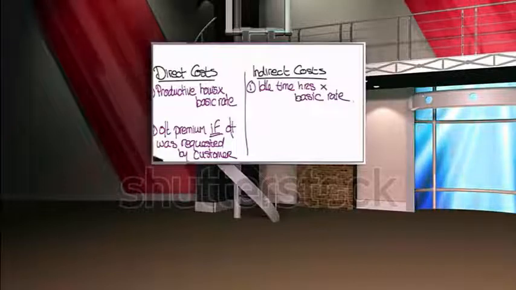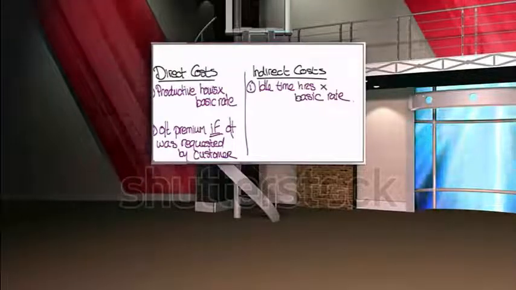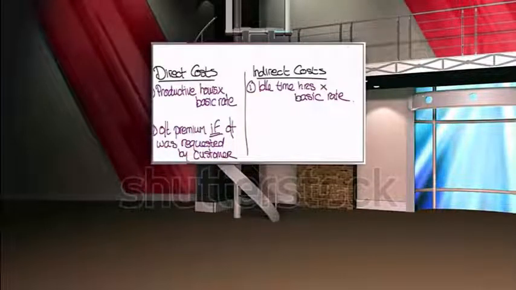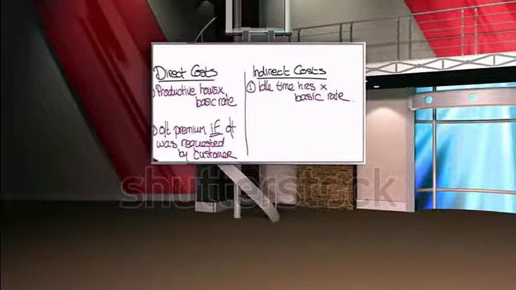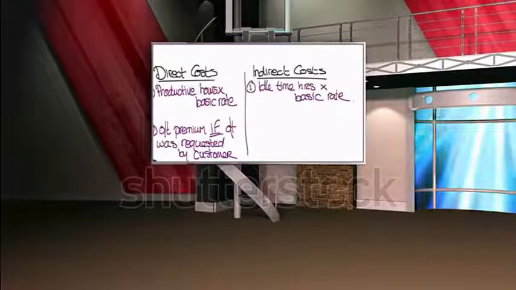So for our basic rate payment, then we split that into two. Our basic rate for the productive hours is a direct cost. Our basic rate for the idle time hours is an indirect cost.